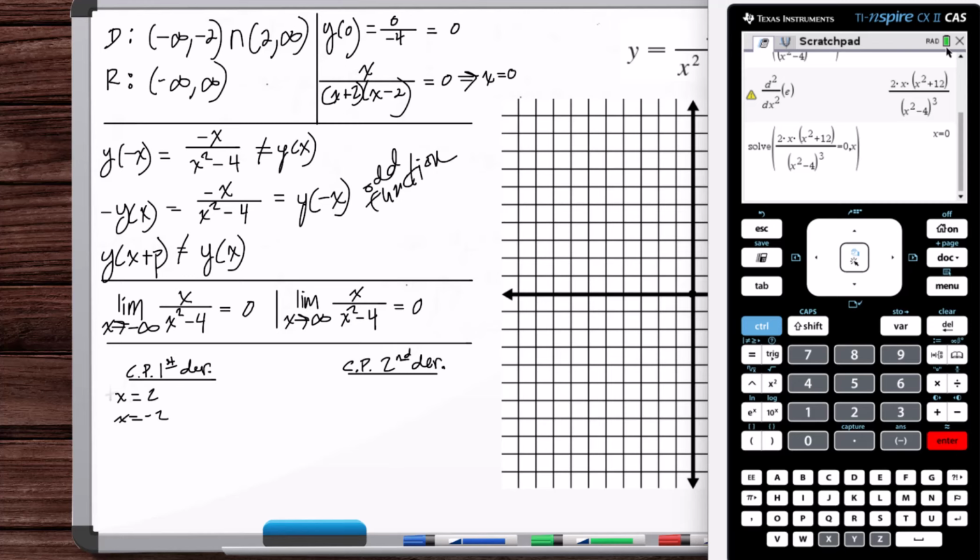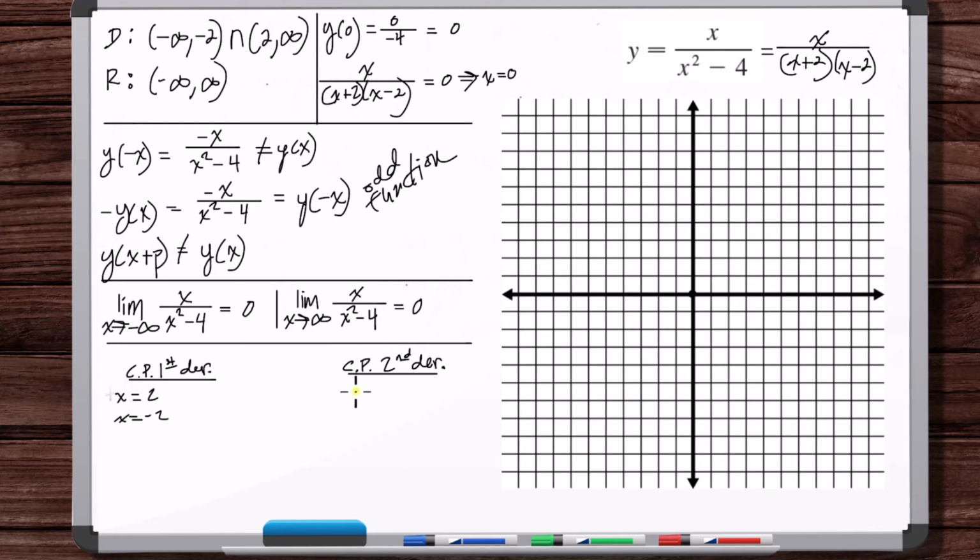Okay, so critical points are x is equal to 2, x is equal to minus 2, and x is equal to 0 with respect to the second derivative.